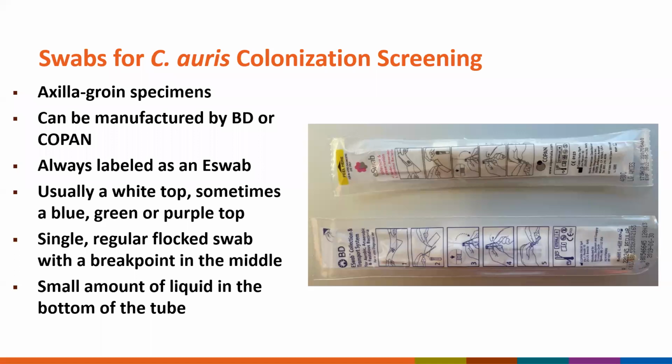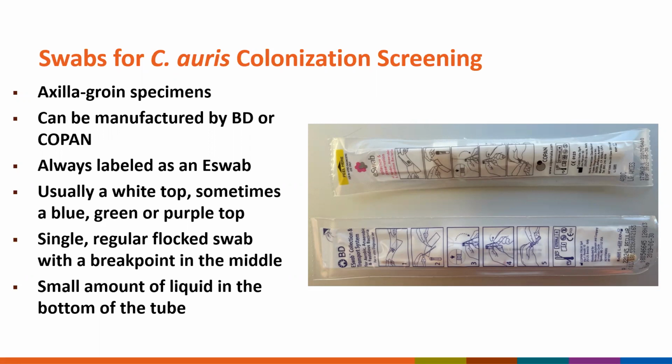So I want to just spend a moment clarifying the types of swabs that you may see for e-swab. So C. auris colonization screening is by and large an axilla groin specimen, and due to the use of e-swabs during the COVID-19 pandemic for COVID testing, supply chain challenges have been persistent.